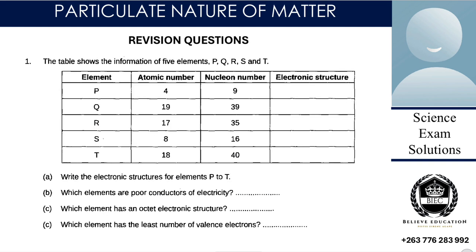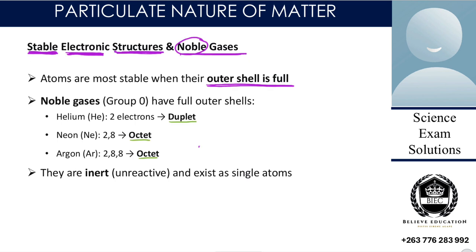It means, oct from octagon. Oct is supposed to have what? 8 electrons. So we are saying that in the second shell you must have 8 electrons, because we said this one is the first and this one is the second. The second shell has to have a maximum of what? 8 electrons. And then the third shell also has a maximum of 8 electrons. That's the octet configuration or the octet rule.